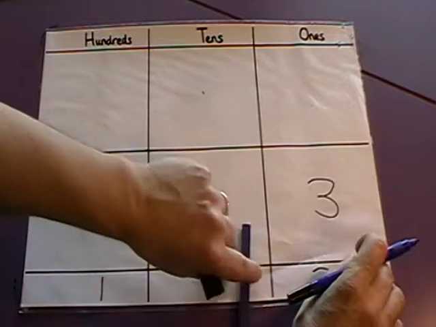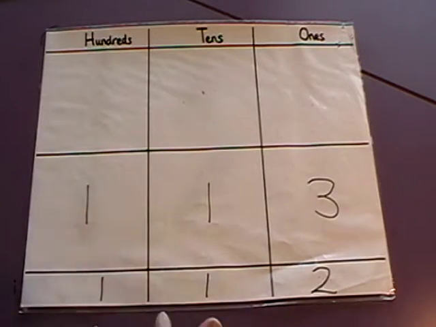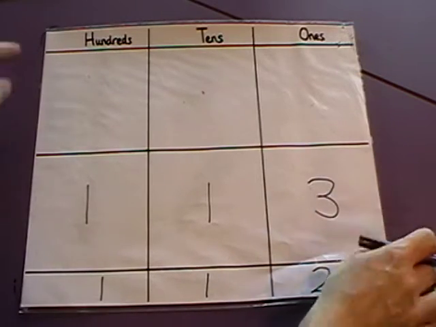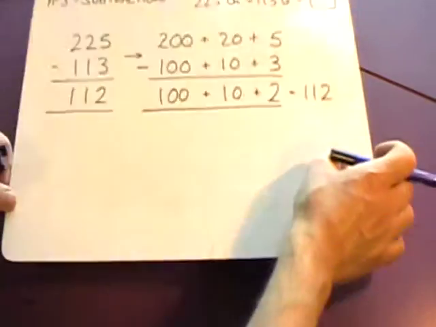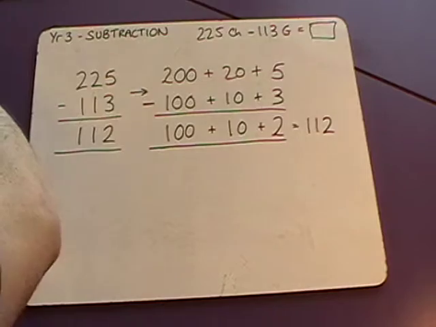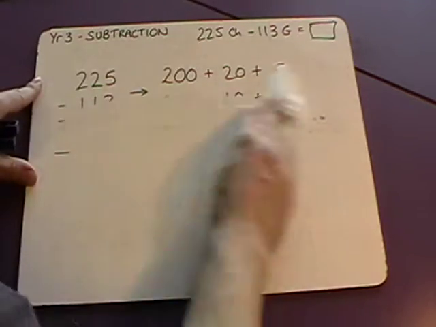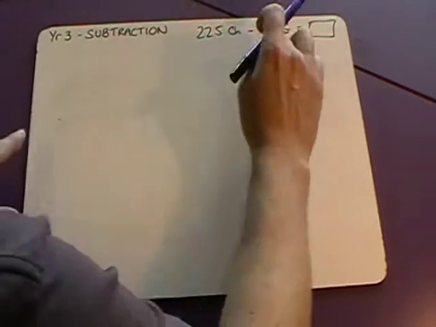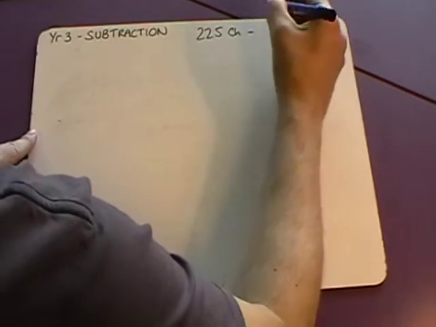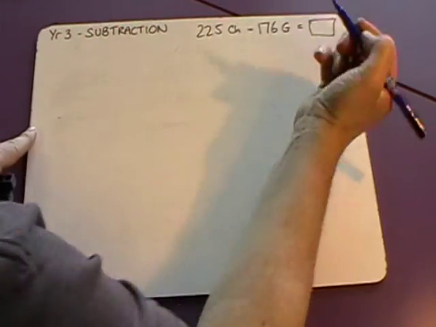Now that's all well and good, but what happens when the numbers that we're subtracting are larger? Let me give you an example. What if we had 225 children and 176 of them were girls?